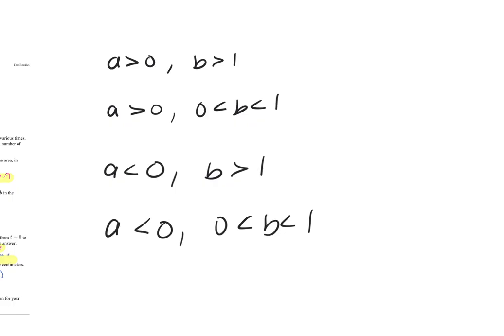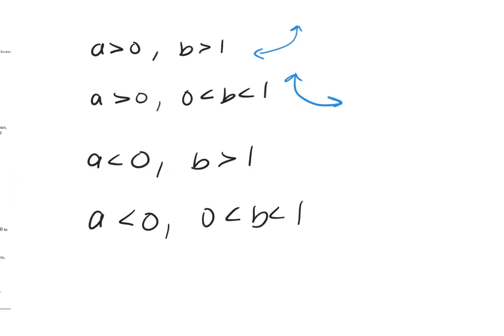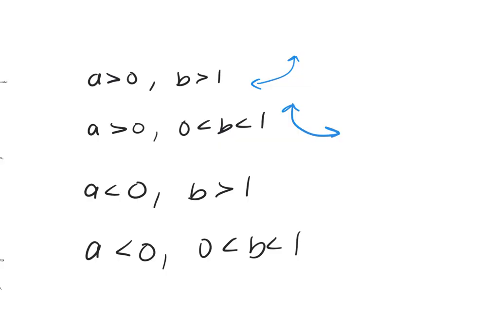For me, I picture what these graphs really look like. That's how I figure it out. If it's positive and has a B that's bigger than 1, it's growth. If it's positive but B is between 0 and 1, it's decay. If it's negative but has growth, it takes this and flips it upside down, so it has decay.